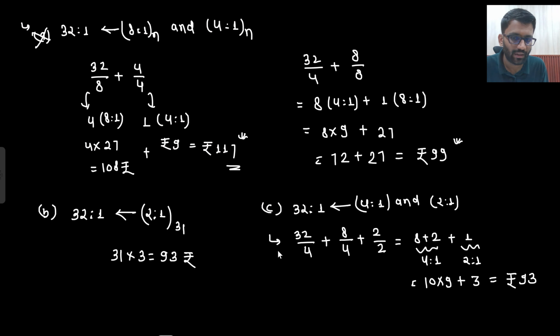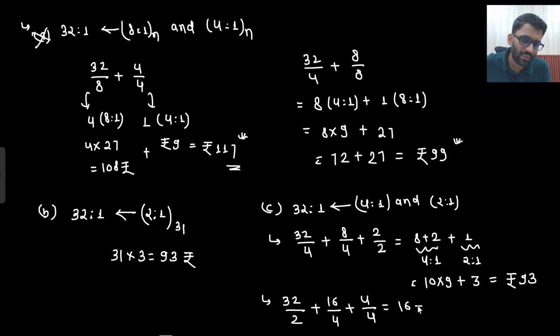But this can be done by other designs as well. What could be the other design? Let's assume that I start with 2:1 only. So what will I get? 16 here. Then let's say I am just going blindly, you can make it from 4:1 now. 4 plus 4 by 4.